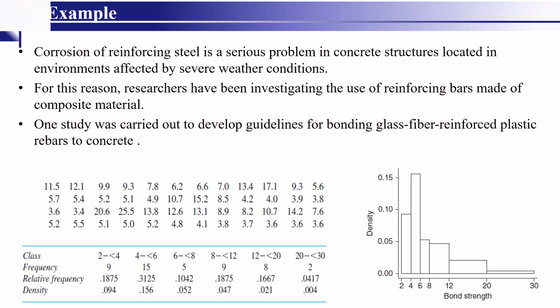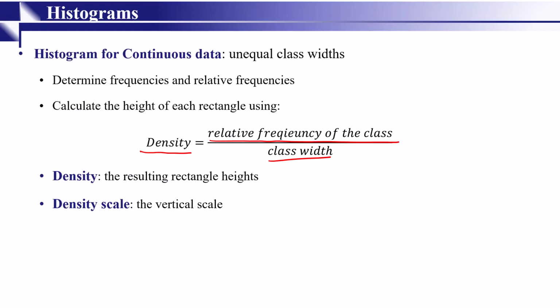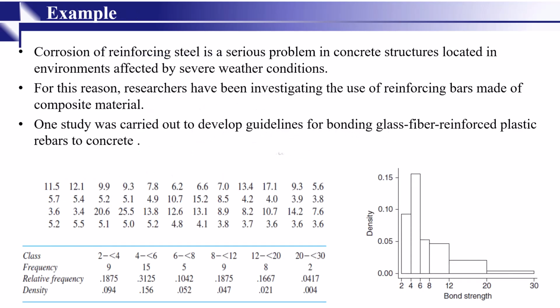How to calculate the density? It is equal to the relative frequency of the class divided by the class width. Okay, so the relative frequency is what? 0.1875 divided by 2 is 0.094. This one, 0.3125 divided by 2 is this one. This one divided by 4. So 0.1875 divided by 4.